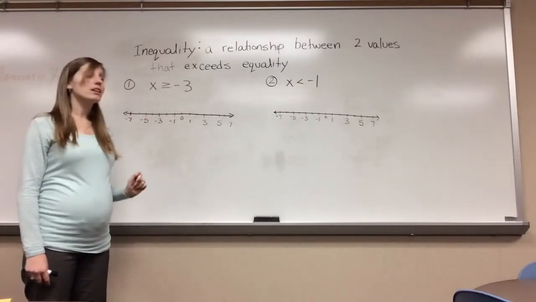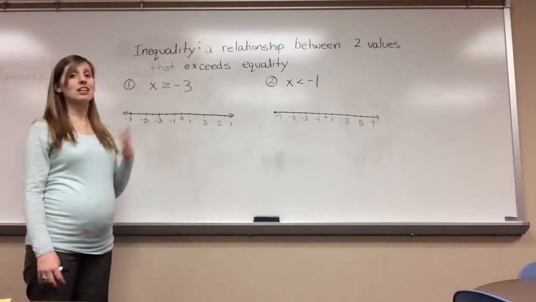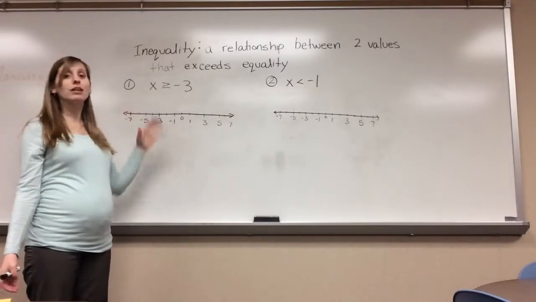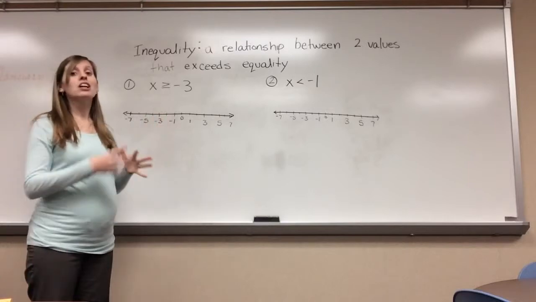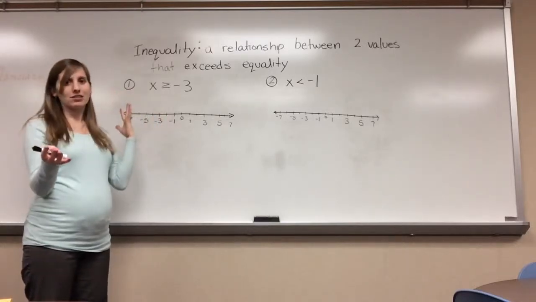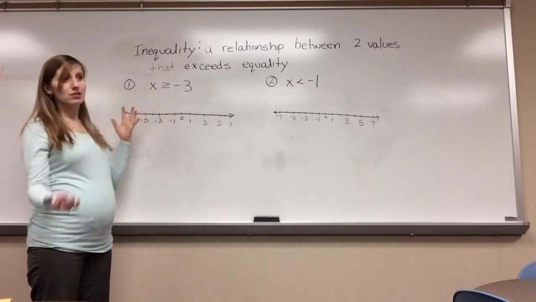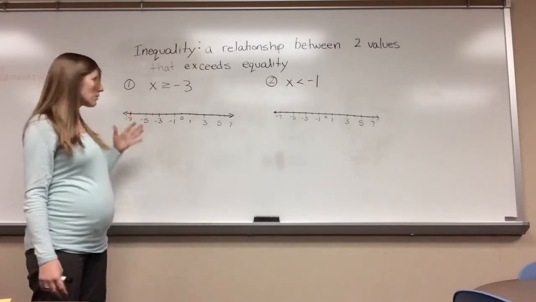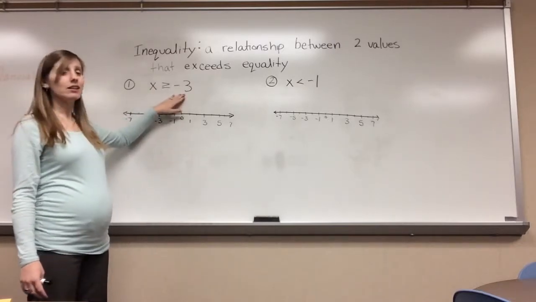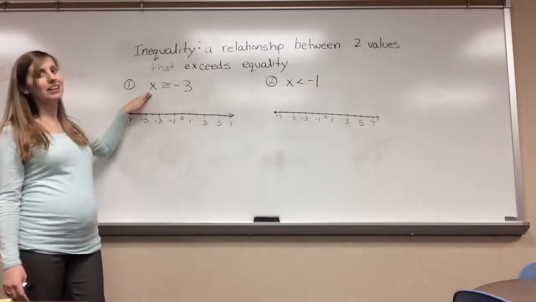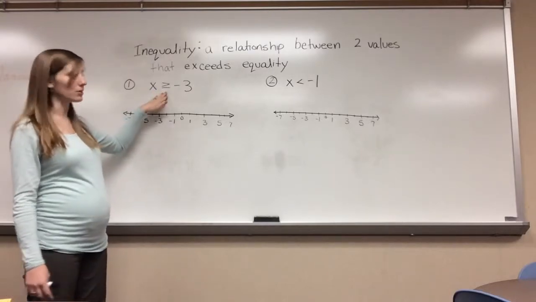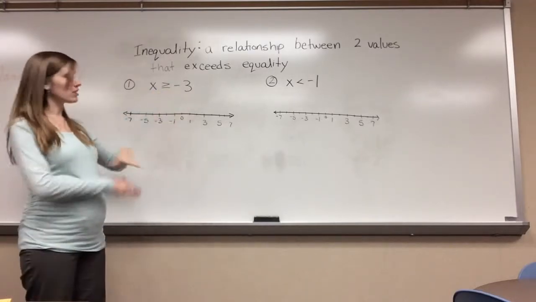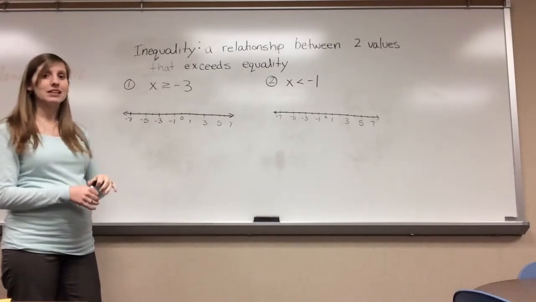All right, with inequalities, you have many, many answers. Any number that's bigger than -3 makes this inequality true. So there's infinitely many answers, okay? 5,285. That would be an answer for this inequality because 5,285 is greater than or equal to -3. All right, so lots of possibilities here.